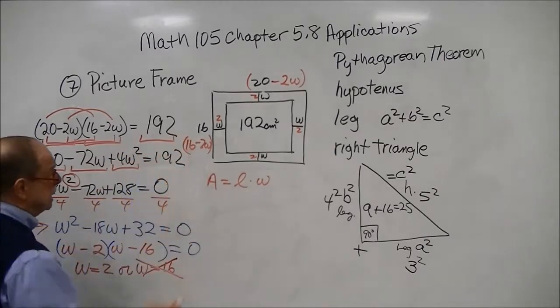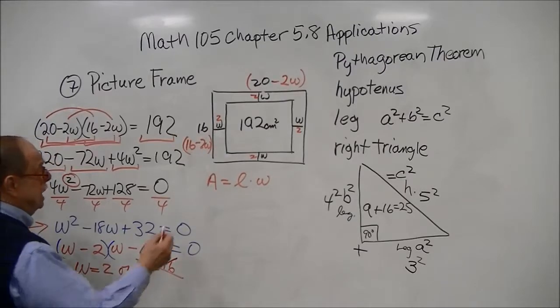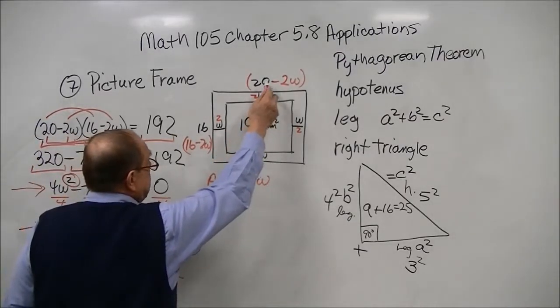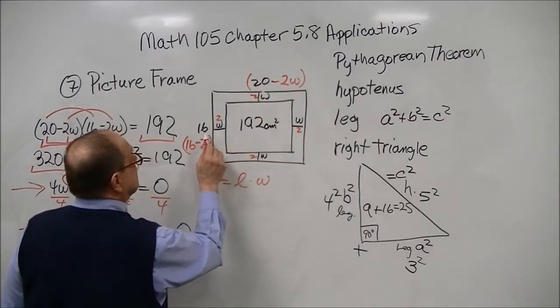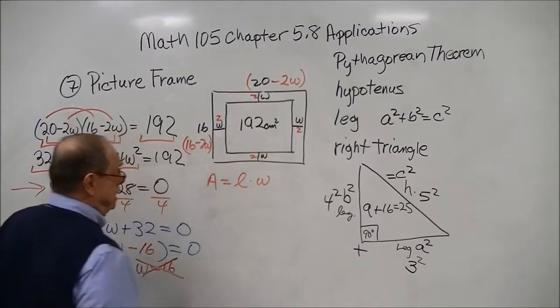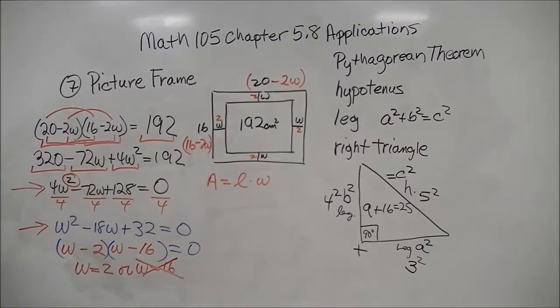And then if we were to check it, if we had here 16 times 12, that would be 192.